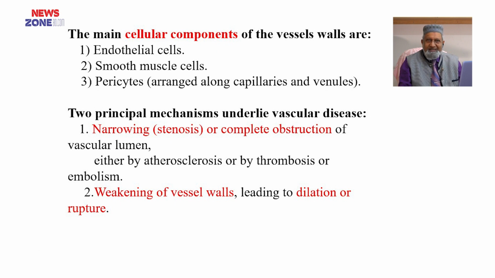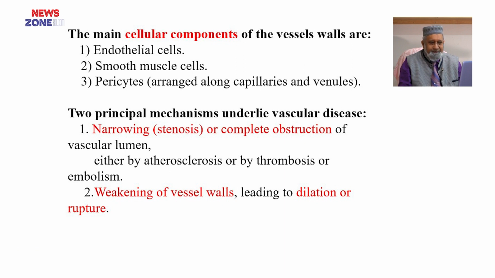Two principal mechanisms underlie vascular disease. One is stenosis or complete occlusion of the vascular lumen, which may be due to atherosclerosis, thrombus formation, or embolism.